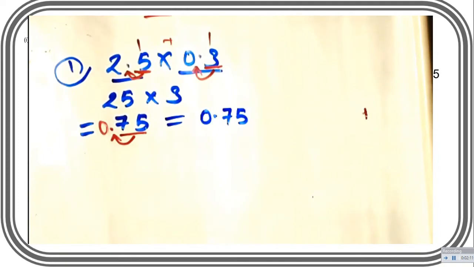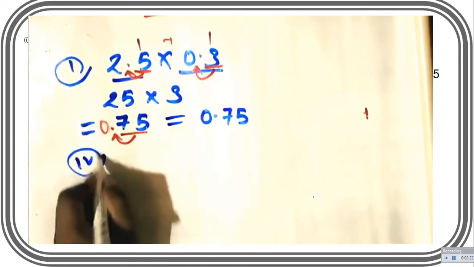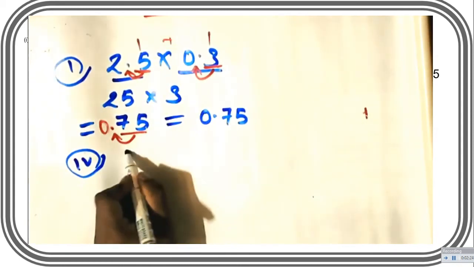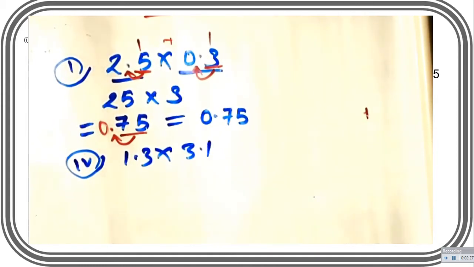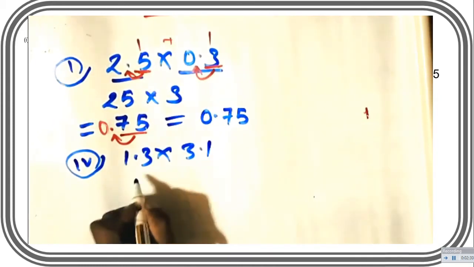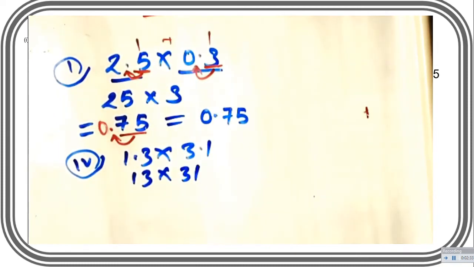Let's see another question. Now I am going to solve the fourth part of this question. The question is 1.3 multiplied by 3.1, or you can say 13 multiplied by 31. Why?